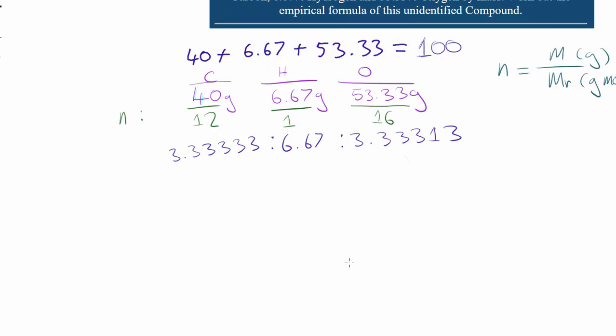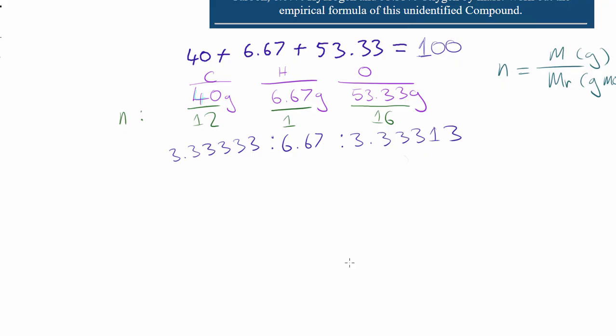Okay, so we're looking for the empirical formula. We're looking for the smallest or the simplest whole number ratio. We don't have that at the moment. We've got these numbers which are not only not integers, they don't seamlessly round to integers. They're not super close to integers in any case.